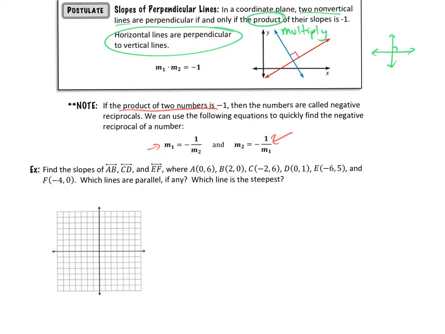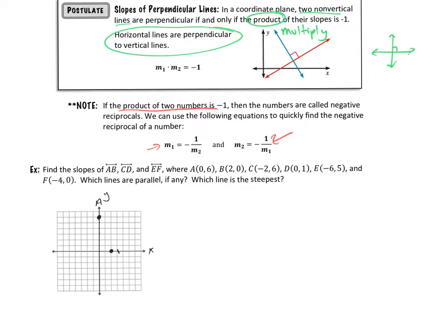In this example, we're going to be plotting 6 different points, so we'll start with that. That's our first step. A is at (0, 6), so that's 1, 2, 3, 4, 5, 6 up on the y-axis. Remember, this is x and that's y. B is at (2, 0).